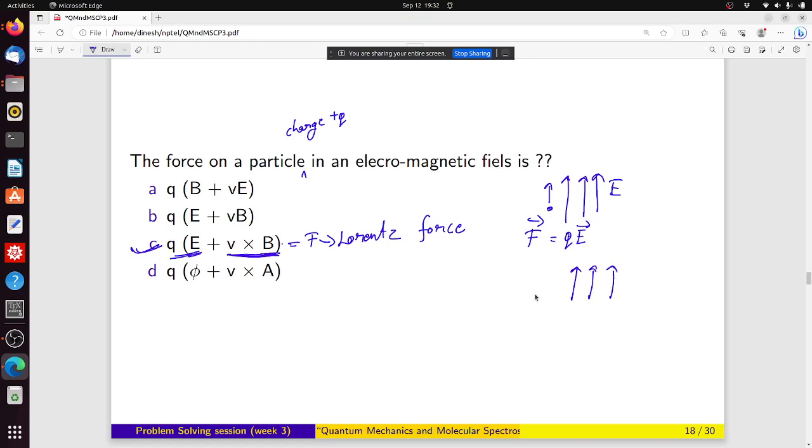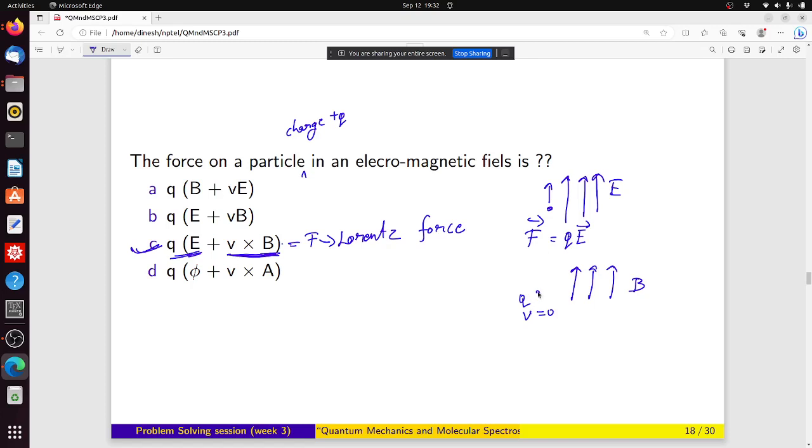It depends on the velocity. If the charge is sitting still, then it won't affect its motion if its velocity is zero. It has to move in this magnetic field so that it can feel it.